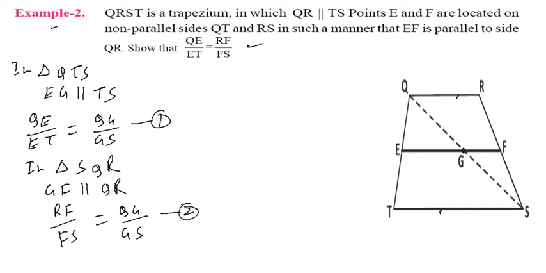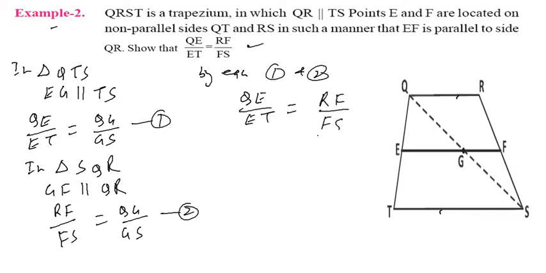It is your equation second. By equation first and second, the right hand side is equal, so the left hand side is also equal. So QE upon ET will be equal to RF upon FS, and hence proved. So you can write this one.